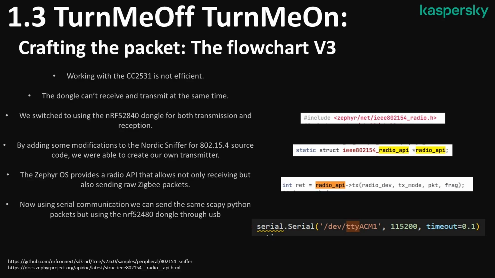Sometimes it works, sometimes not, so we started searching for a cheap alternative, not complicated. And we found that the RTOS, real-time operating system, running on this NRF dongle that we used for sniffing traffic uses a radio API that allows you to inject raw ZigBee packets. So we used this API, we used Python for serial communication, and we were able to send raw packets.